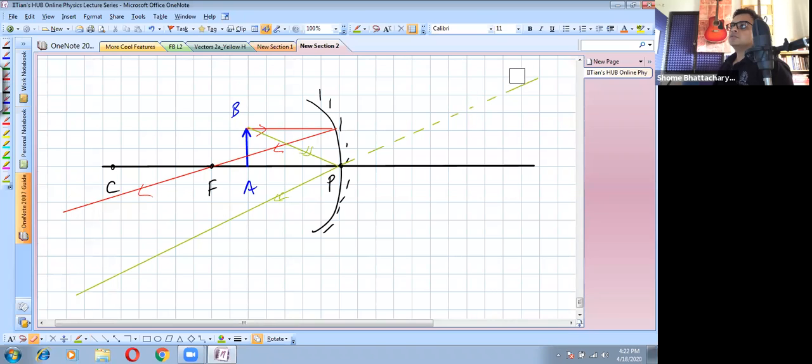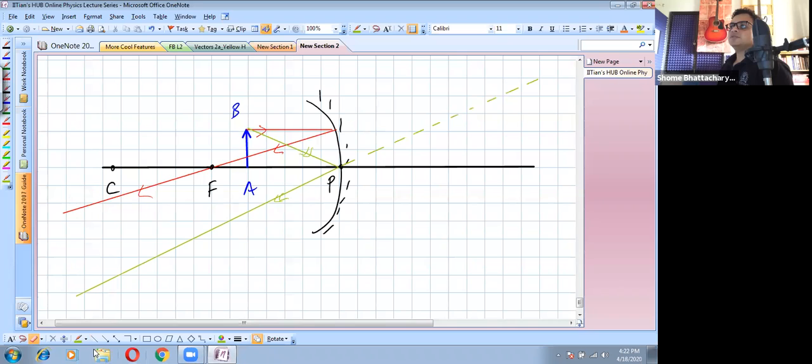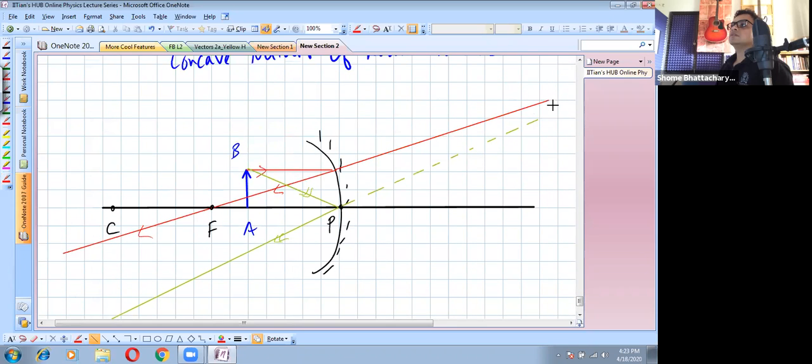Okay. So those of you who understood the diagram, you can continue with the calculation also. So this reflected ray has to be actually produced back to understand where it goes and intersects with this one. Might intersect somewhere here.